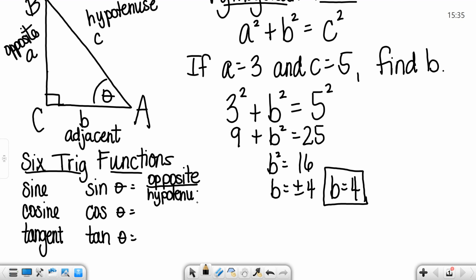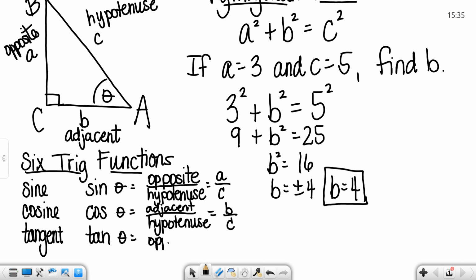So in this diagram that we have, our opposite side was that little a, our hypotenuse was that little c. The cosine is adjacent over the hypotenuse. And so if we look at our diagram, our adjacent side is B and our hypotenuse is C.